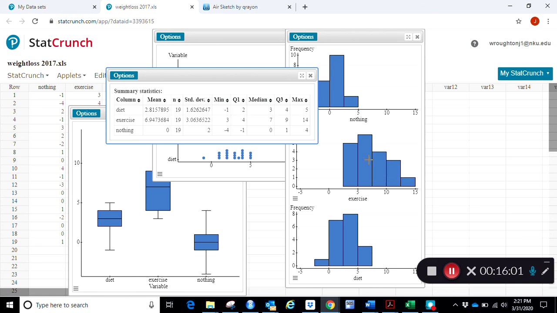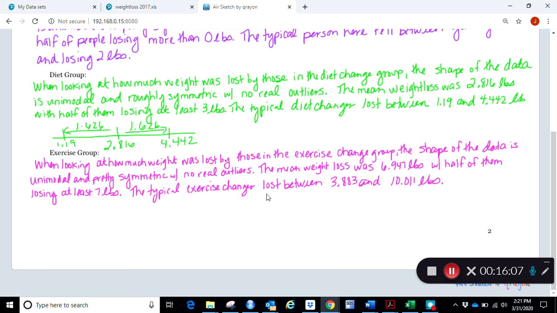Again, nothing really standing out like a sore thumb here, so really no outliers. So again, I describe my shape as still being unimodal and pretty symmetric, mainly getting the symmetric from the mean and median. Again, no real outliers on this one. This time our mean weight loss was almost 7 pounds, and half of them lost at least 7 pounds.